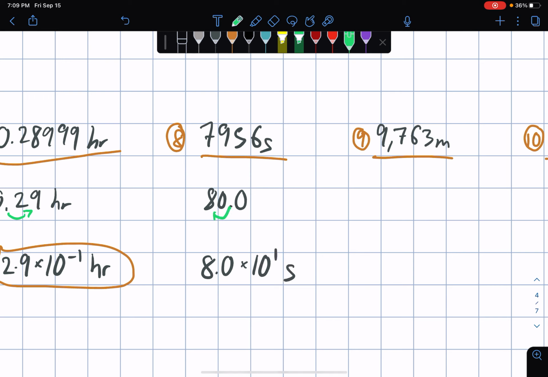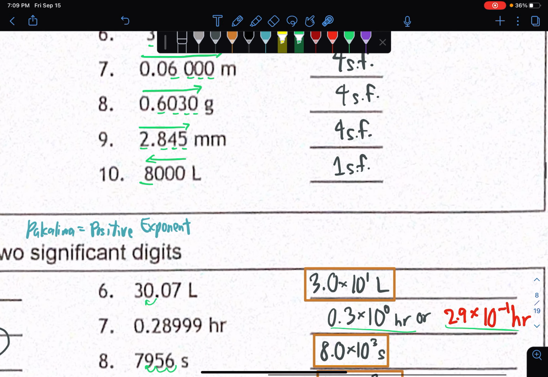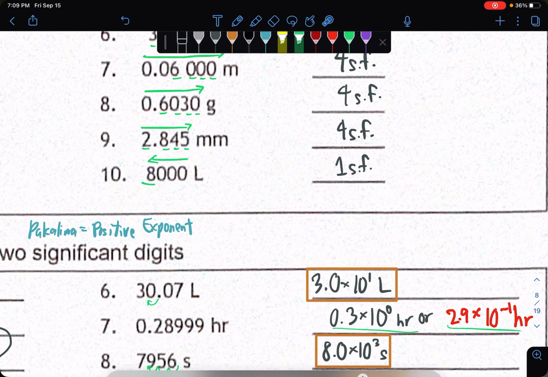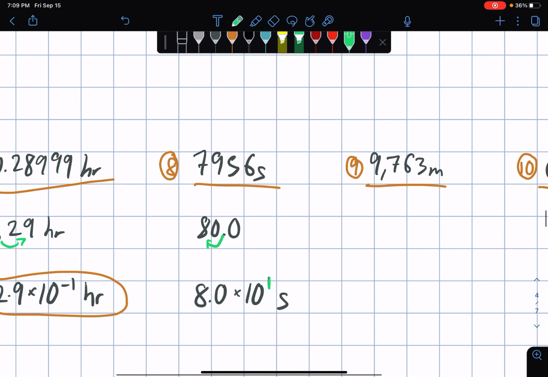We move the decimal point to the left, so that makes an exponent of positive 1. Let's see again if our answer is close. Yes, it is. I almost forgot though, the decimal point was here. 1, 2, 3 zeros to the left.